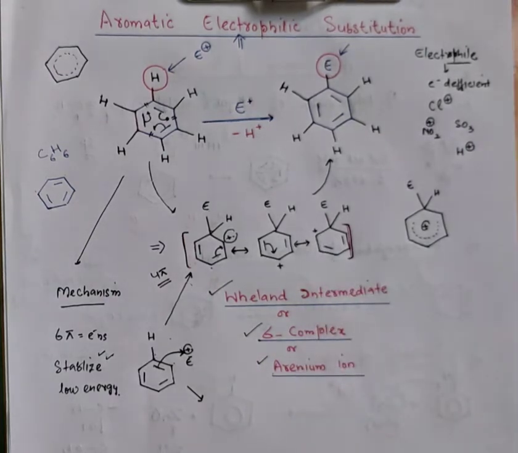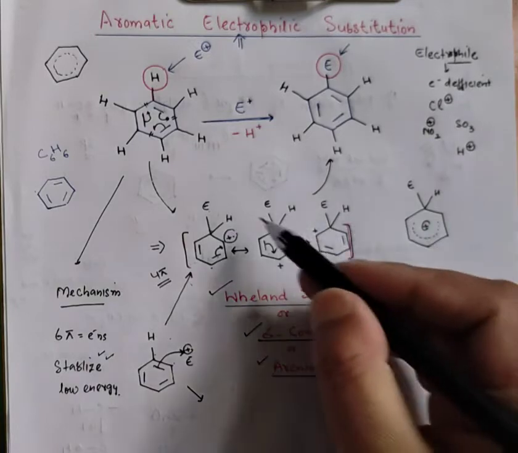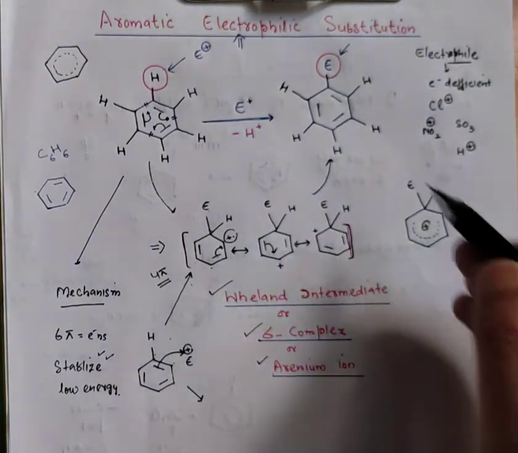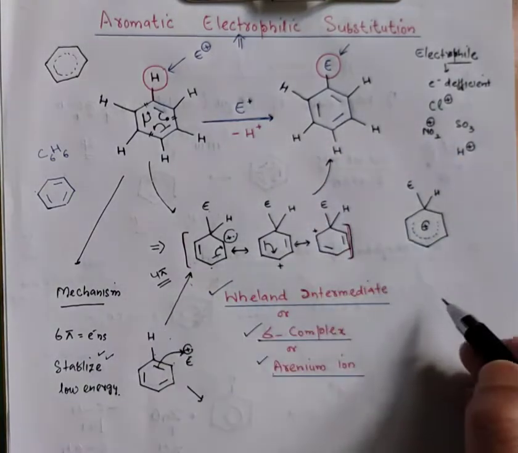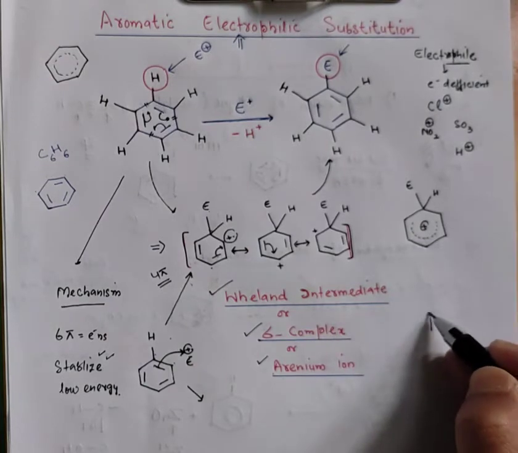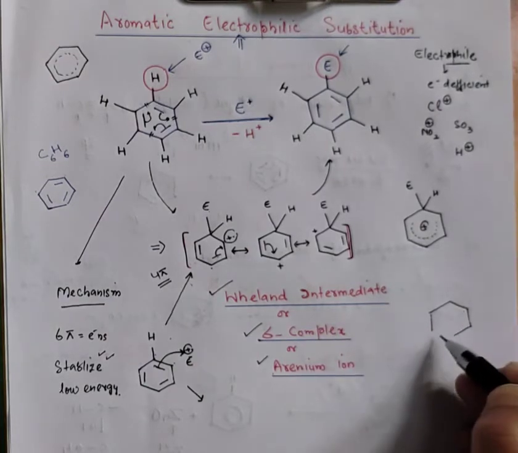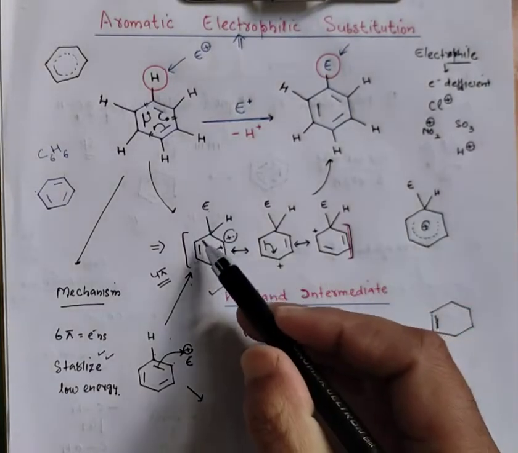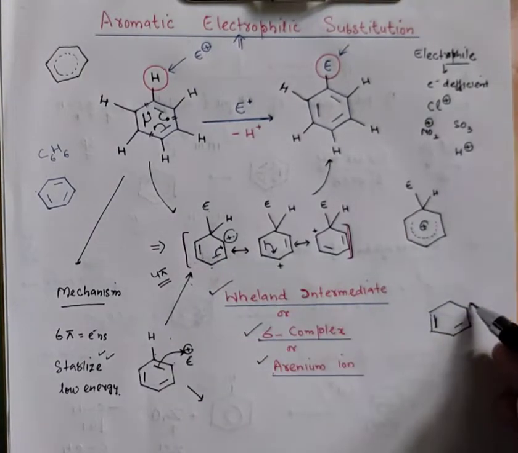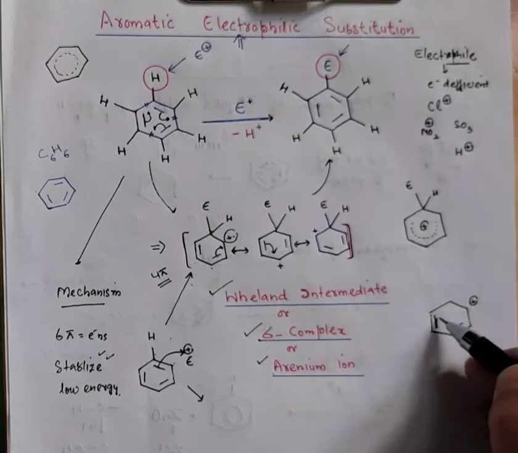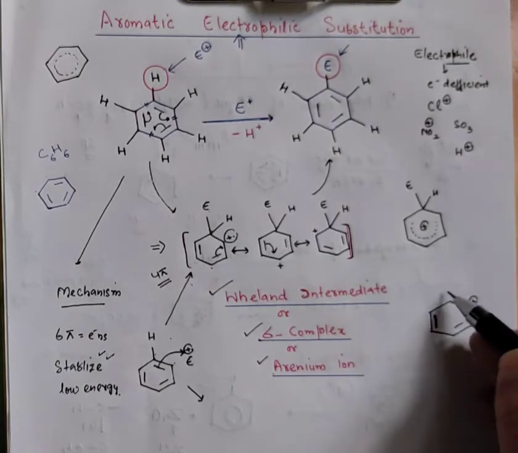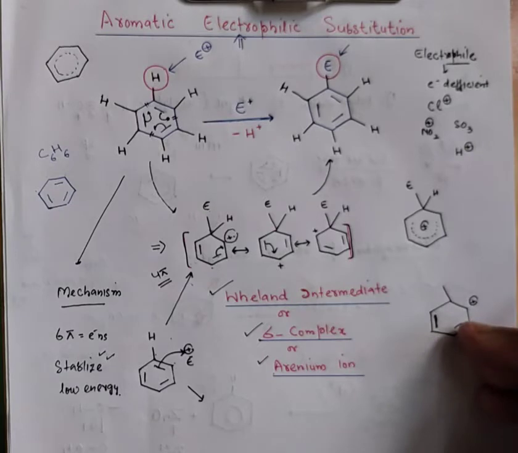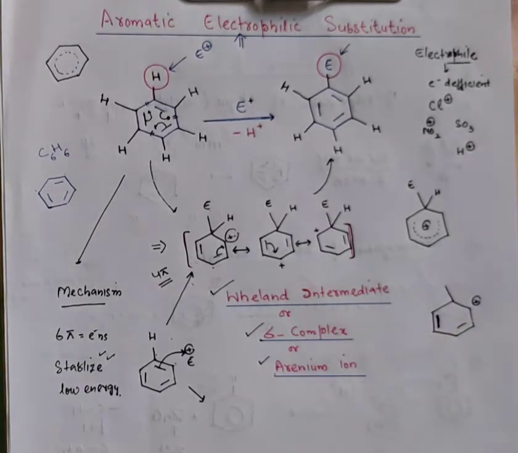Okay? Now what happens after that? How does this get converted to the product? So we have this one. Then we have a plus carbon here.